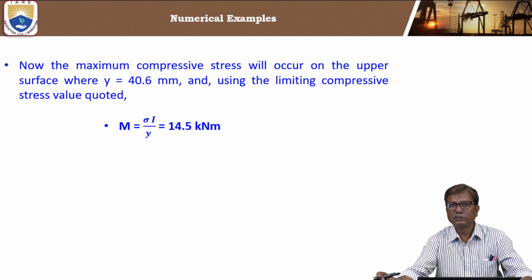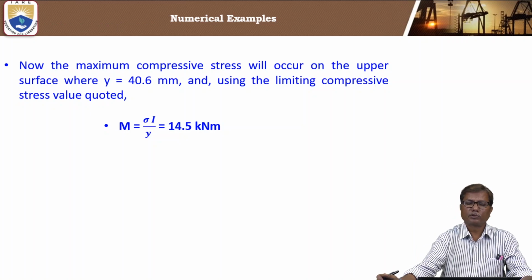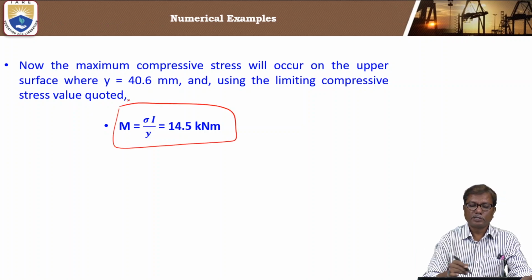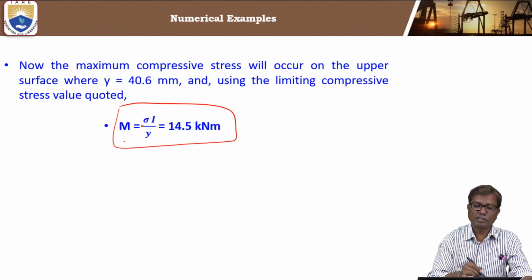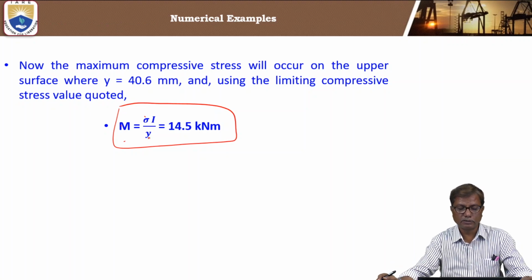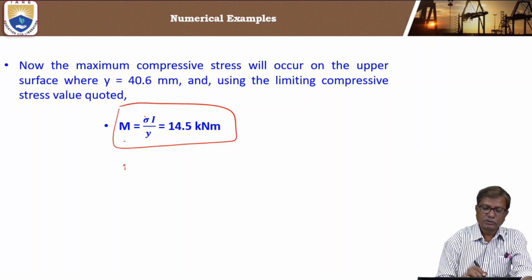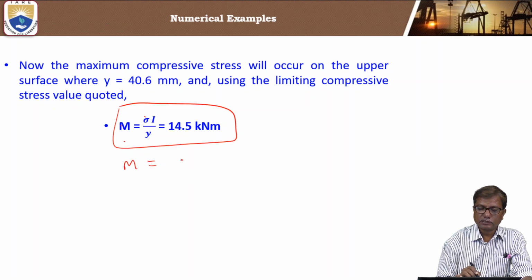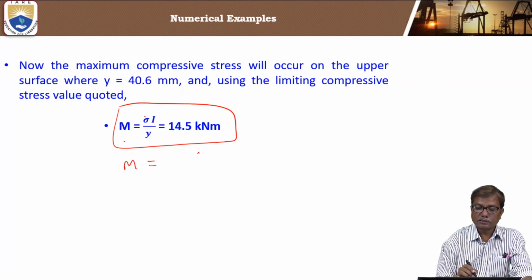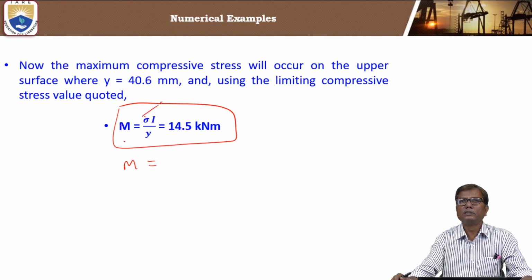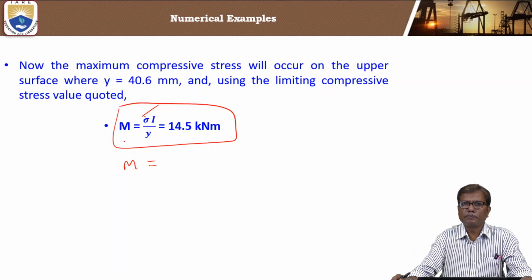Once you find moment of inertia, the next thing is bending moment. We'll find it by using the bending equation. What is the bending equation? M by I equal to sigma by y. So here M is obtained for bending stress on the compression side.